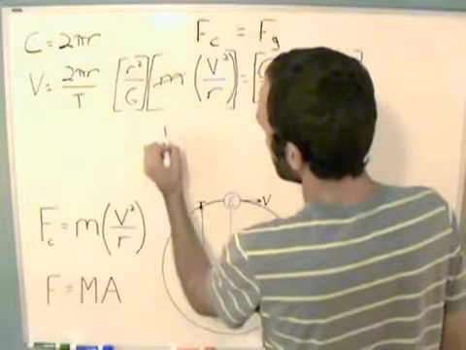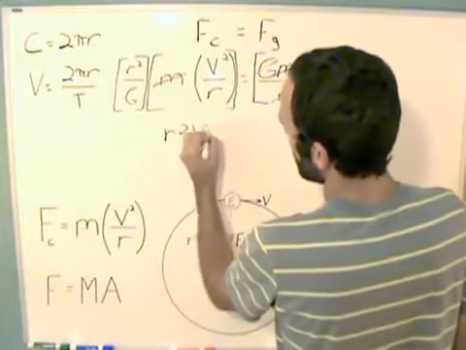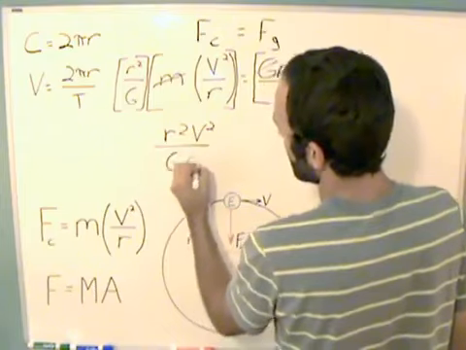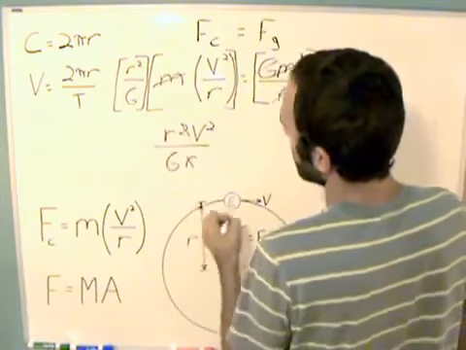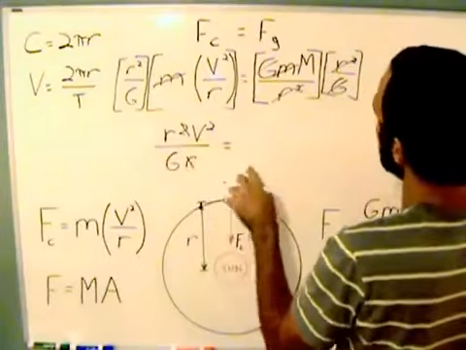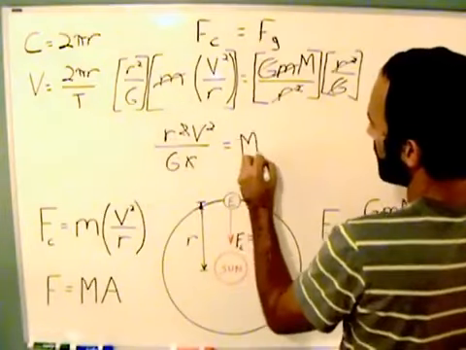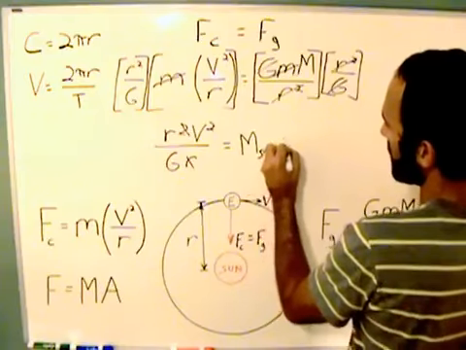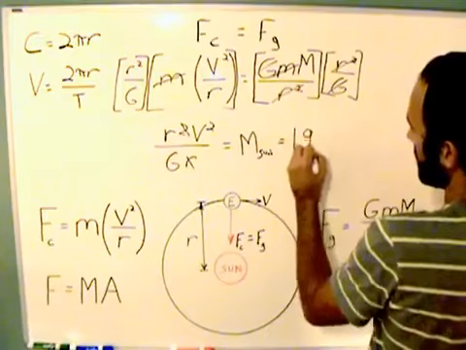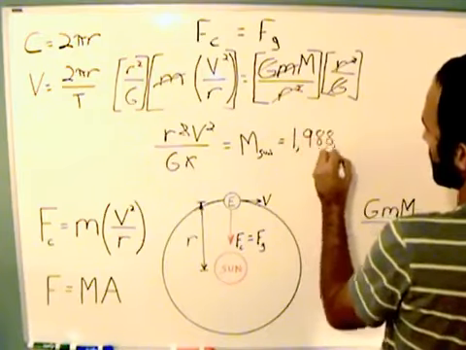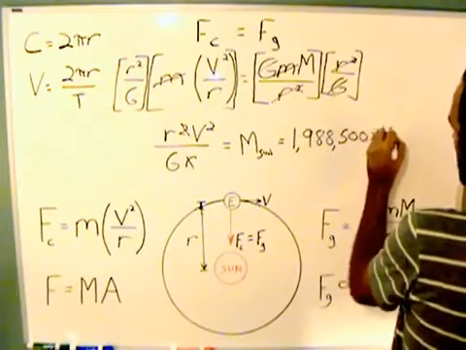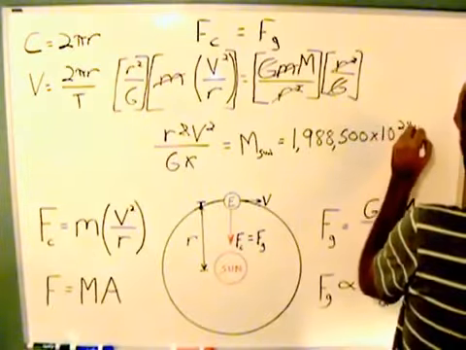Over here you've got r squared times v squared over G times r, and then this r cancels. So you really just have r times v squared over G is equal to the mass of the Sun. And that comes out to 1,988,500 times 10 to the 24th kilograms.